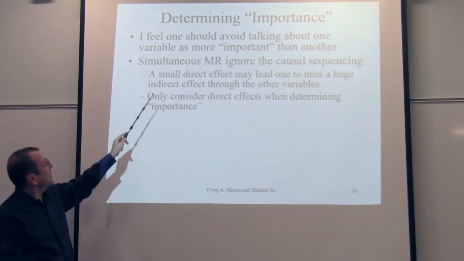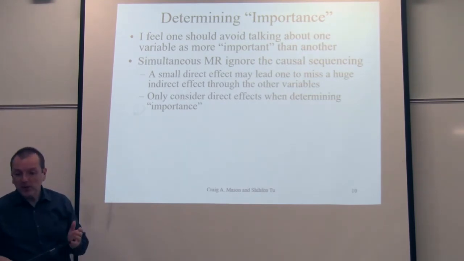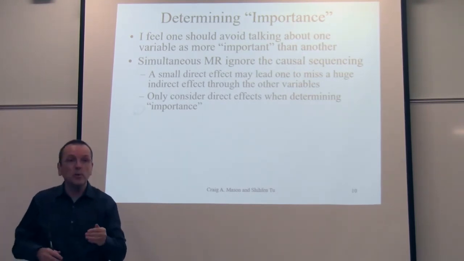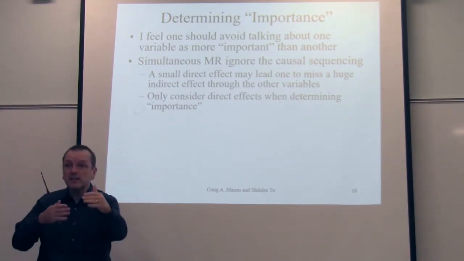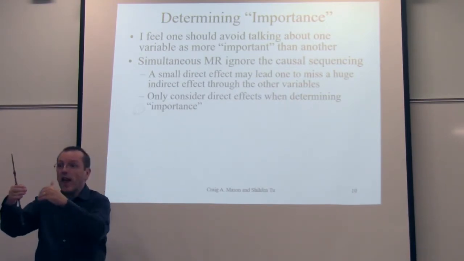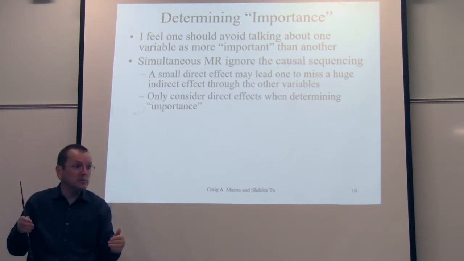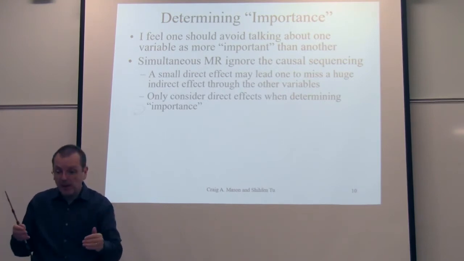Simultaneous multiple regression ignores the causal sequence. It's ignoring the fact that mom's education has an effect on all those other variables that might be fairly big.